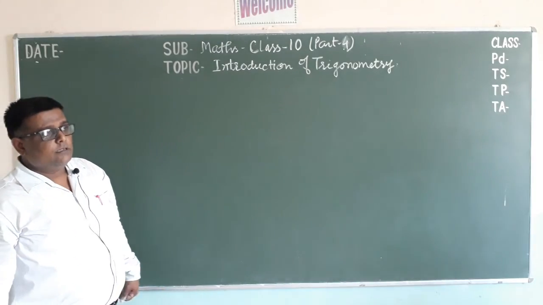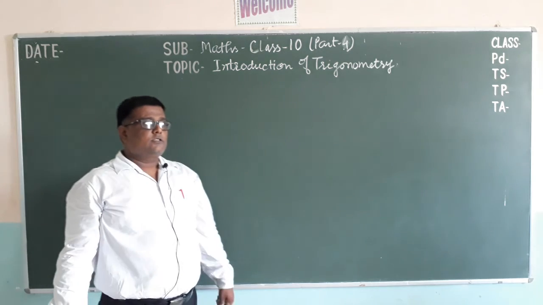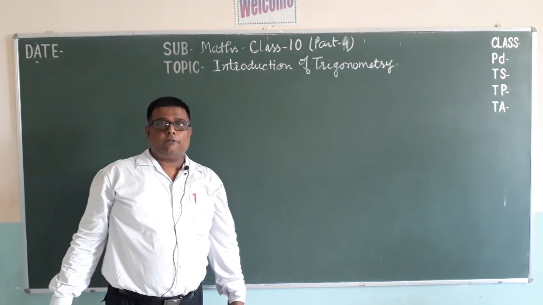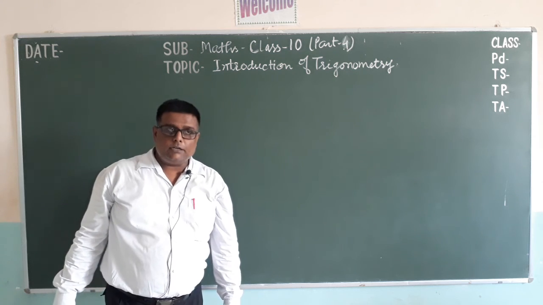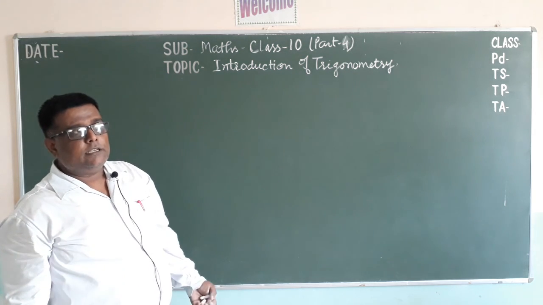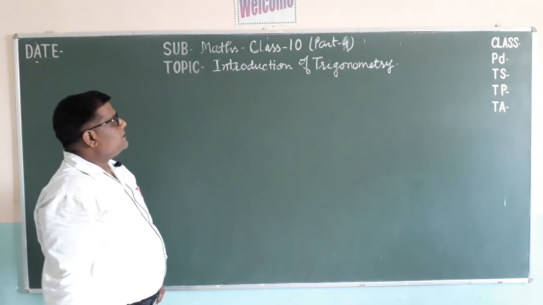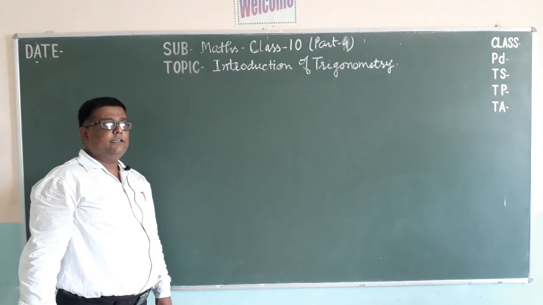And in this topic we have to find some values of all the trigonometric ratios, that is 0 degree, 30 degree, 45 degree, 60 degree and 90 degree.